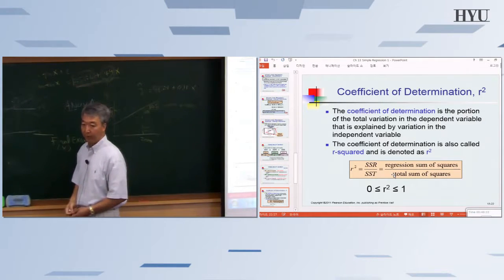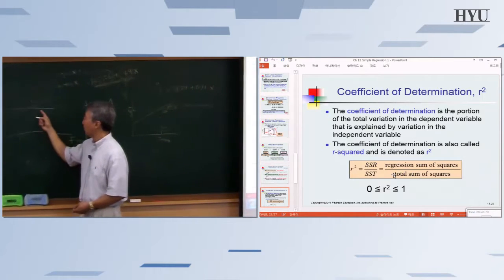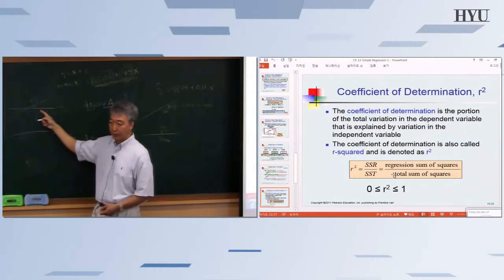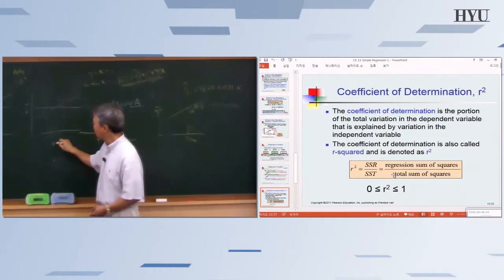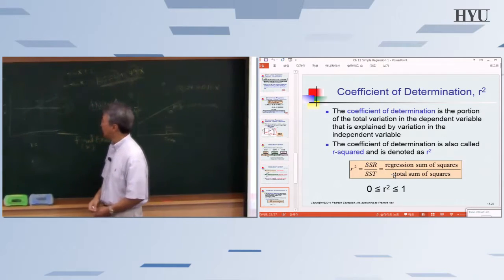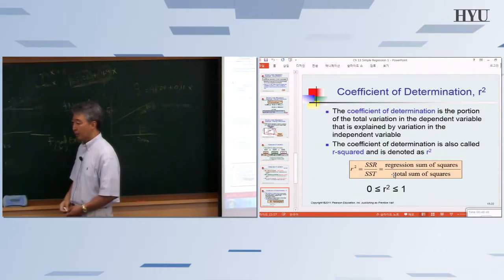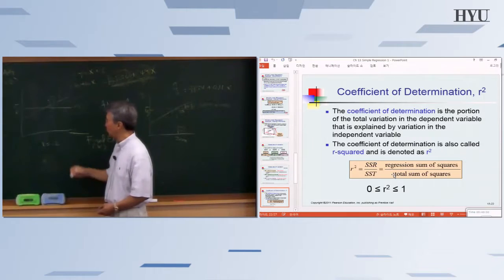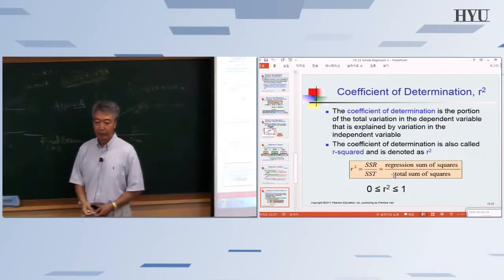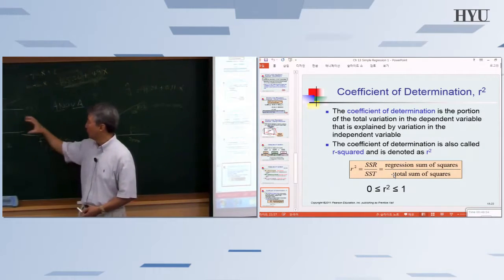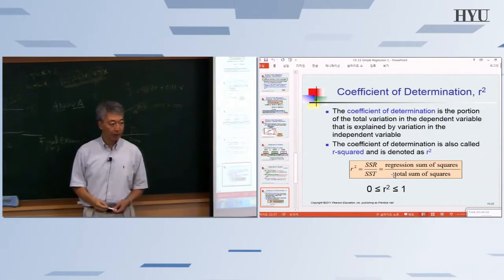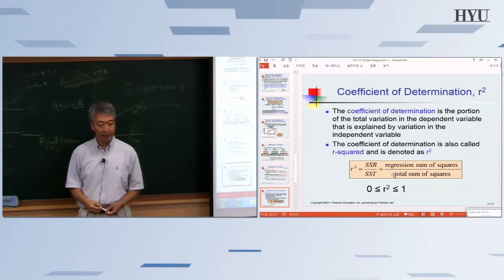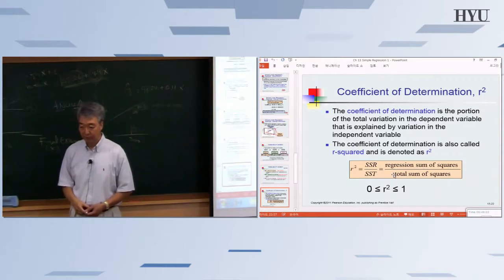So if you calculate R square in this example, it's going to be relatively low. If you calculate R in this case, it's a positive correlation, but you may get something like 0.2 or 0.3, because obviously the data points are scattered over a wide range, and you don't have a really strong linear correlation.